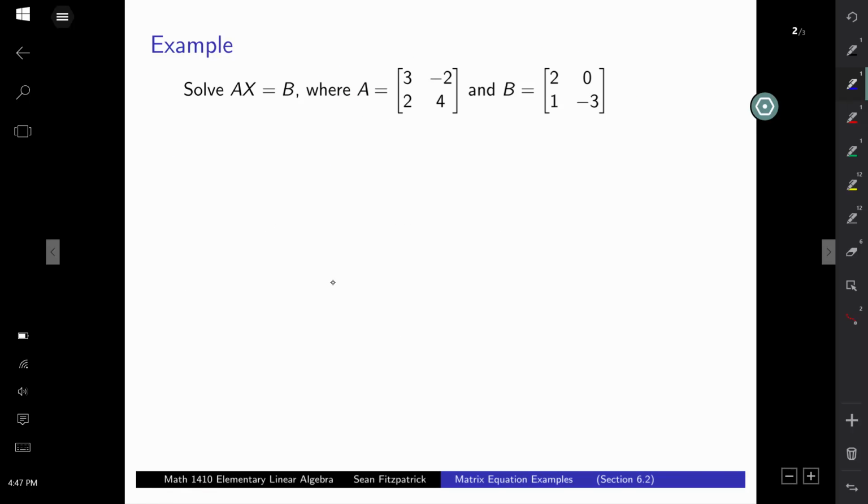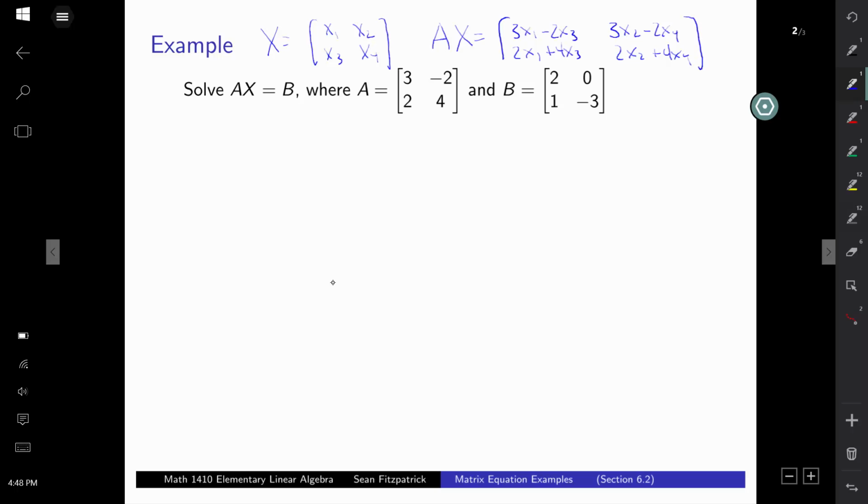So now X here might look like say x1, x2, x3, x4, and notice that if I were to actually work out A times X, I'm going to get 3x1 minus 2x3, and then 2x1 plus 4x3 as the first column, and the second column is the same thing but with the variables x2 and x4, so I get 3x2 minus 2x4, 2x2 plus 4x4, right?